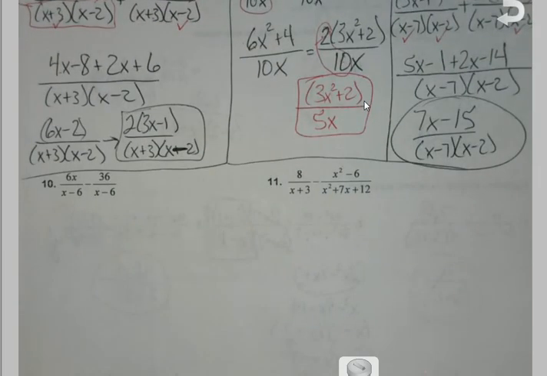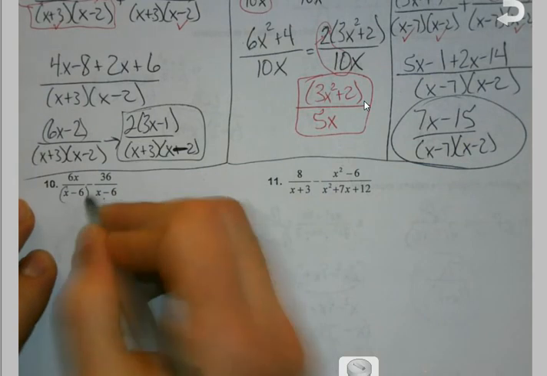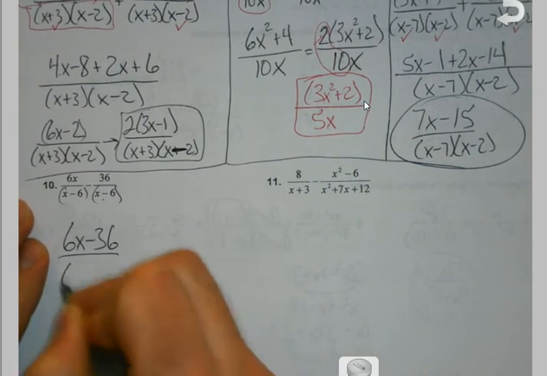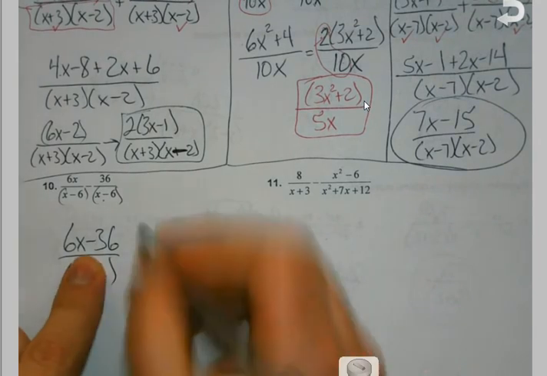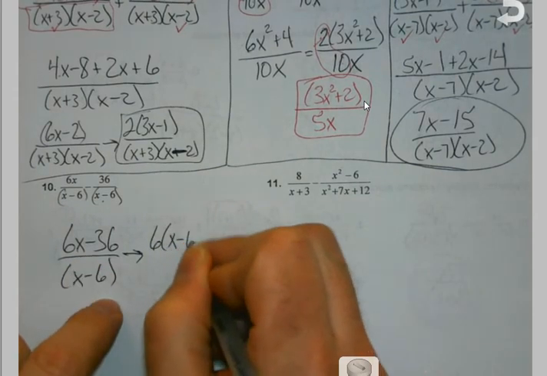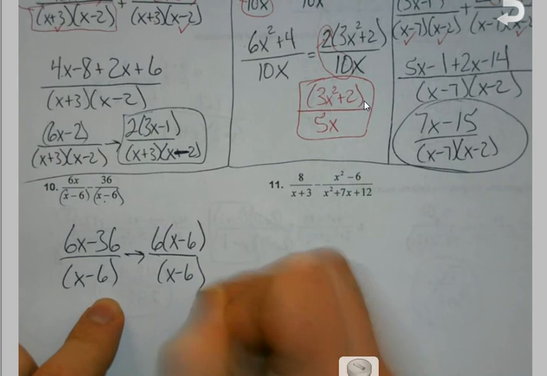These next couple, sweet, common denominator already. Love it when that happens. So you're like, okay, 6x minus 36 over x minus 6. Woo, I'm done. Careful. Can I factor my numerator? Yes. Oh, check that out.